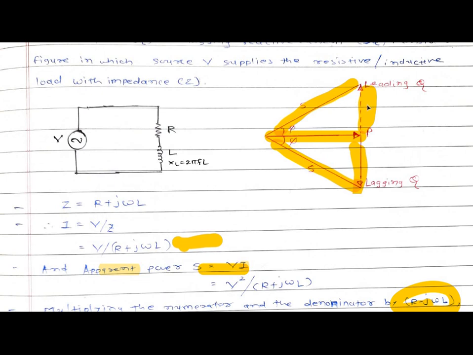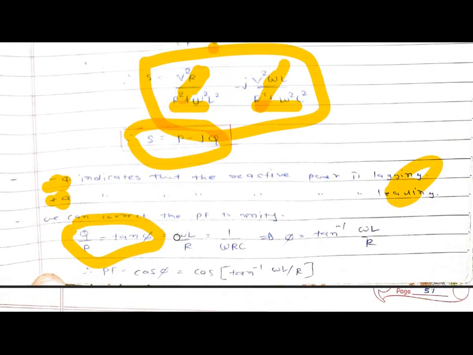Tan phi is also given by omega L by R. This is from the power triangle, and this is from the impedance triangle.